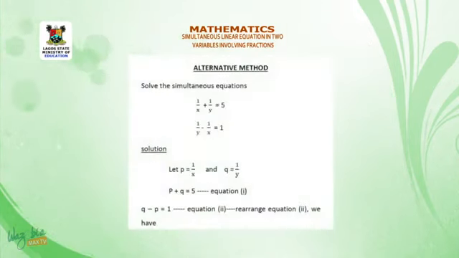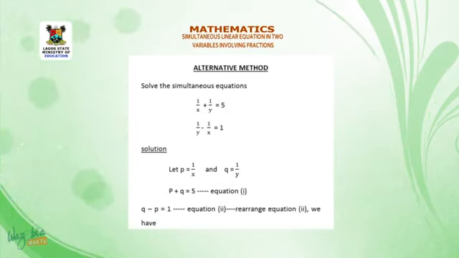Alternative method. Solve the simultaneous equations 1 over x plus 1 over y is equal to 5, 1 over y minus 1 over x is equal to 1. Solution.